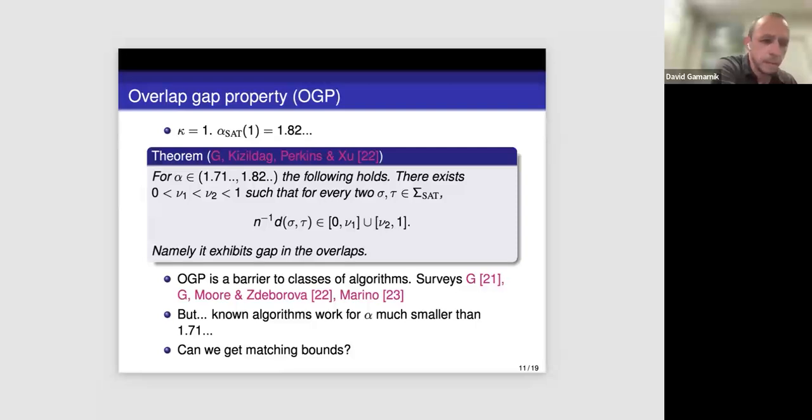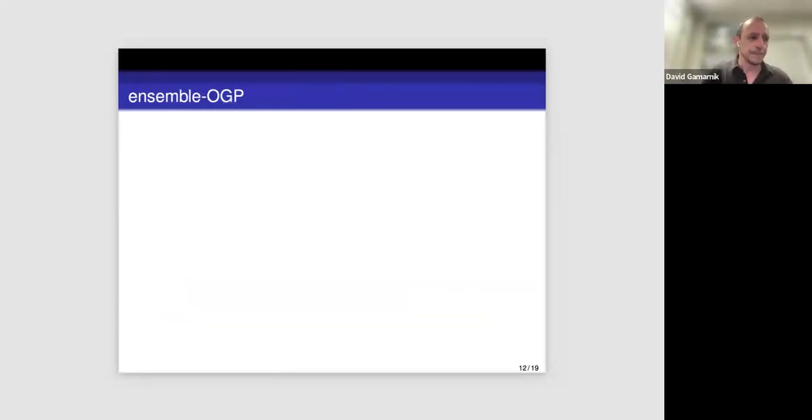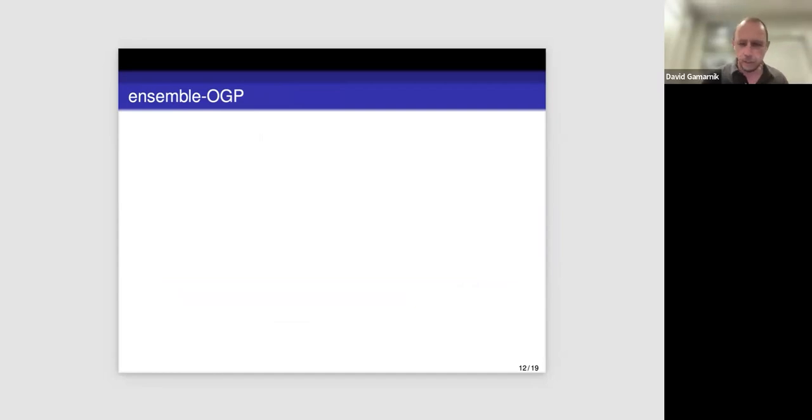Okay, good, I'm back. So we want to get matching bounds in some sense. For that, I have to torture you with some modification of the overlap gap property. It's not really that important to understand the details of those; if you have just a feeling, that's good enough, but I have to go through that anyway.